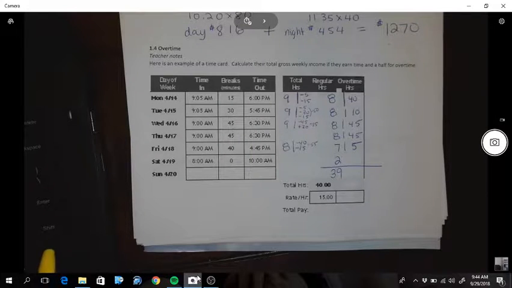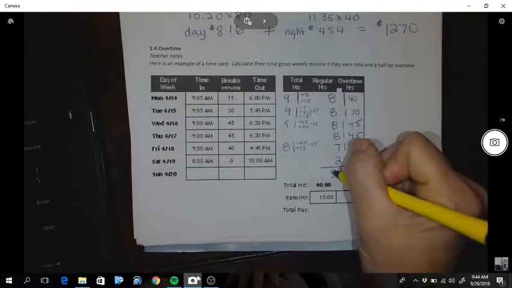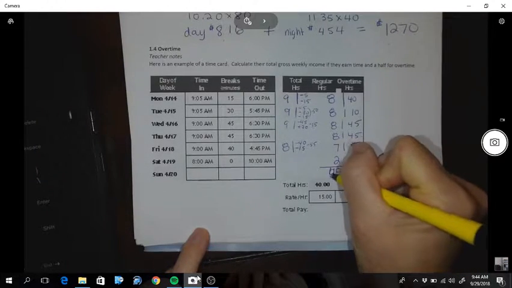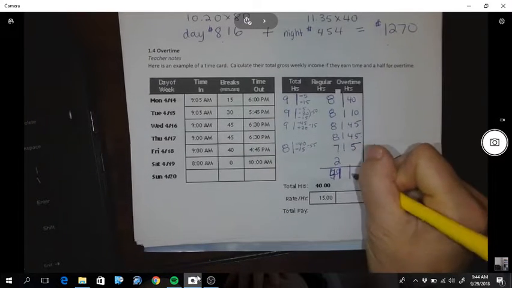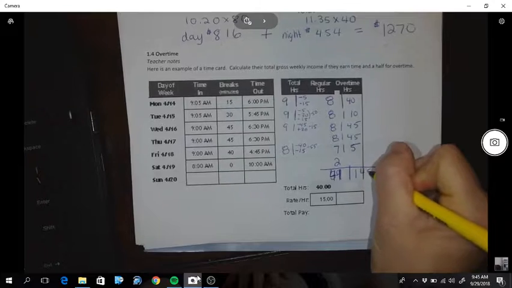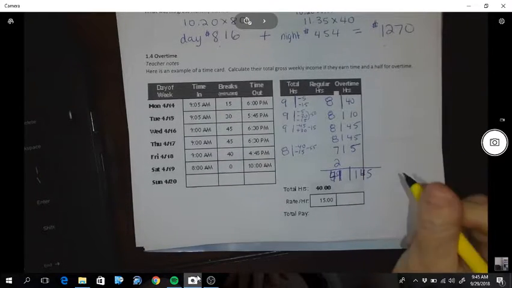Eight times 4 plus 9 is 41 hours. And adding up all your minutes, it should be 145 minutes. Okay.